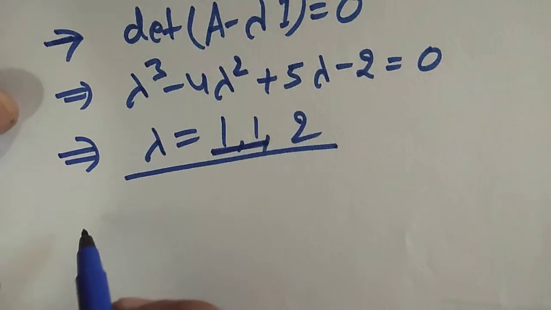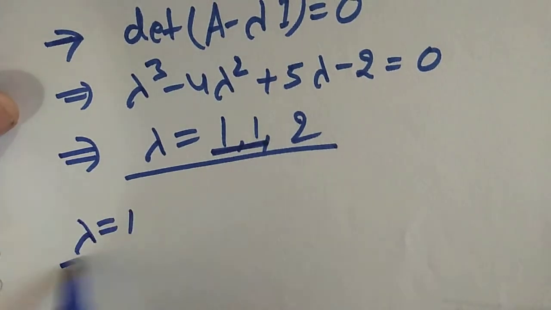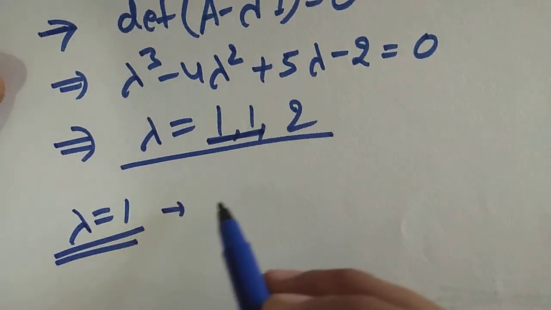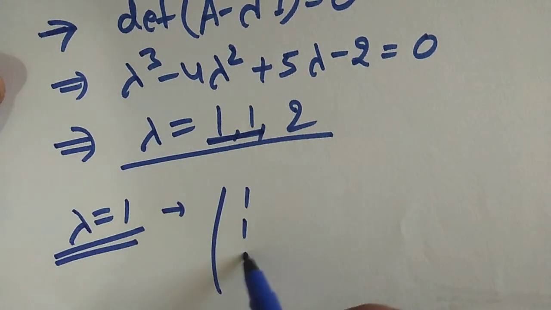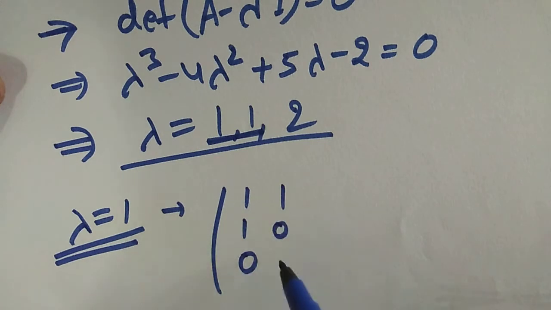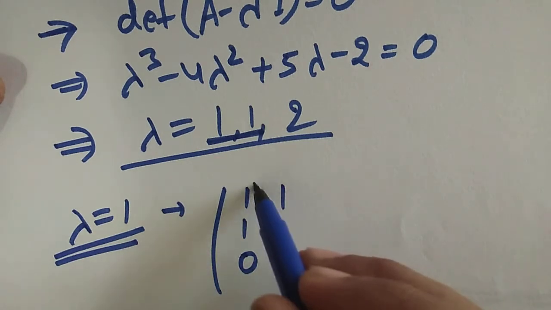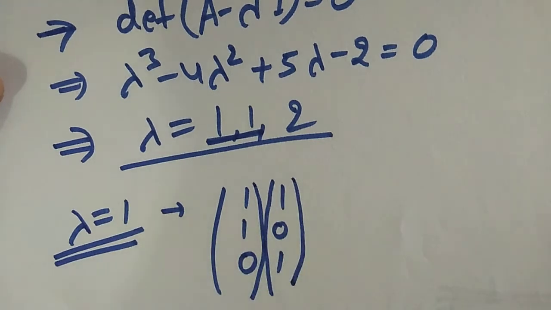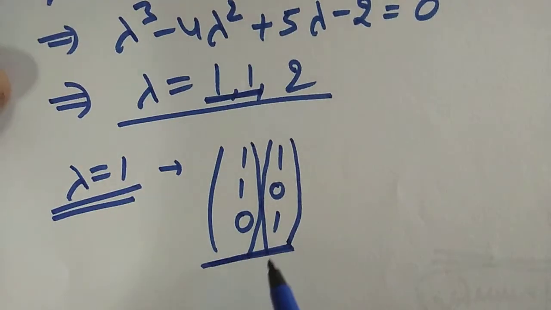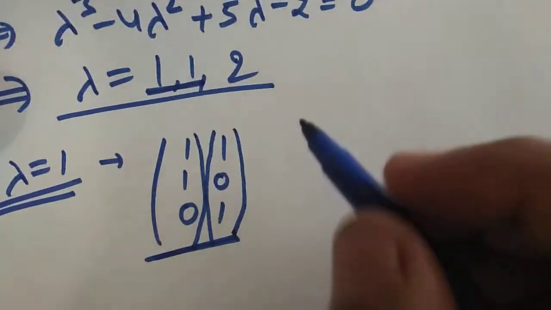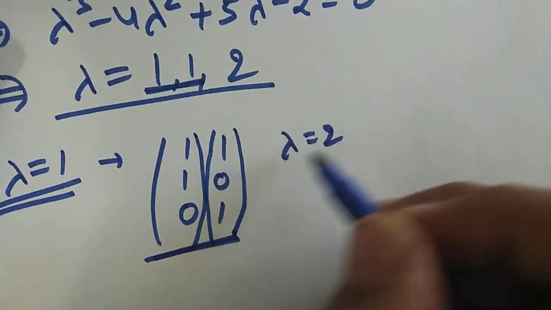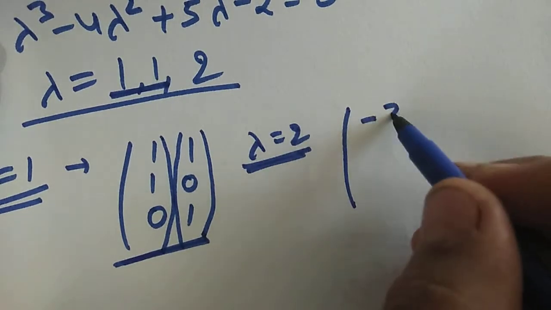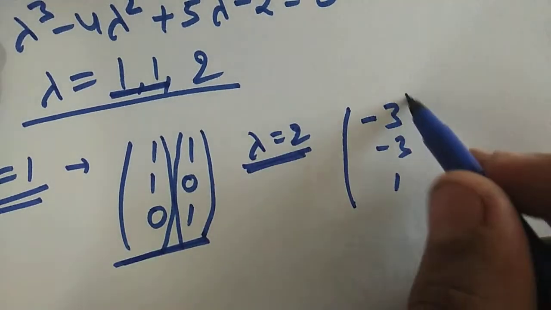Let us try to find the eigenvectors. For lambda equal to 1, we get the eigenvectors 1, 1, 0 and 1, 0, 1. So we get two independent eigenvectors for lambda equal to 1. And for lambda equal to 2, we have the eigenvector minus 3, minus 3, 1.